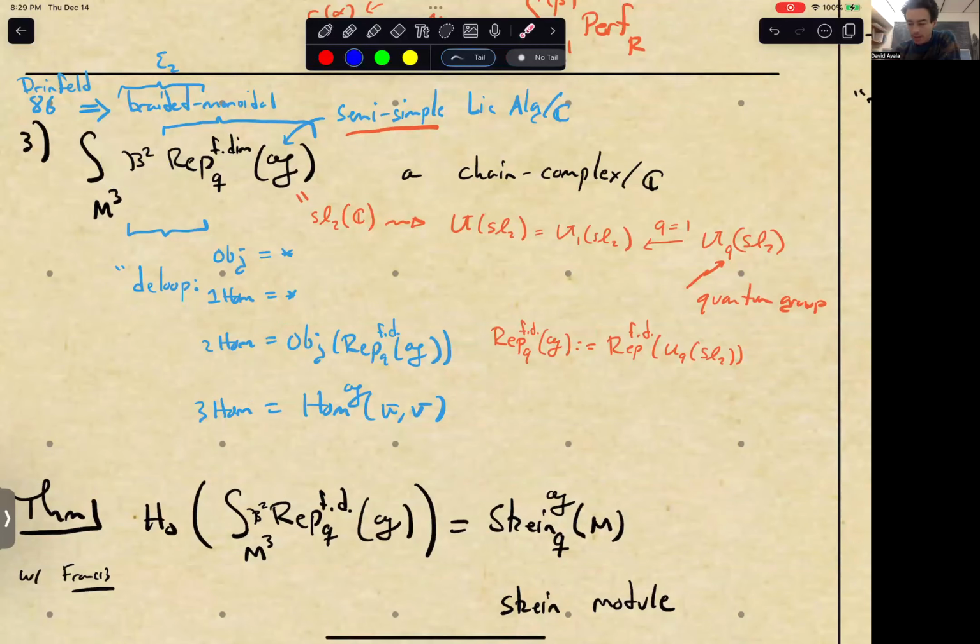And note that this is a three manifold, and this is the twofold delooping. So this is just the next degree in the beta direction. It's an E2 monoidal one category that we're integrating over a three manifold. It's not an E3 algebra. Right.